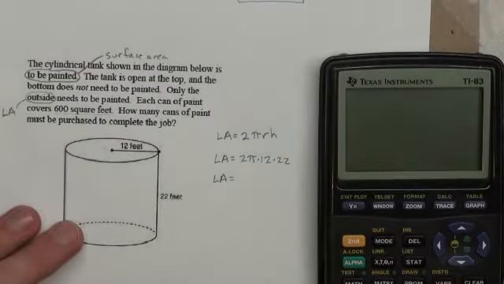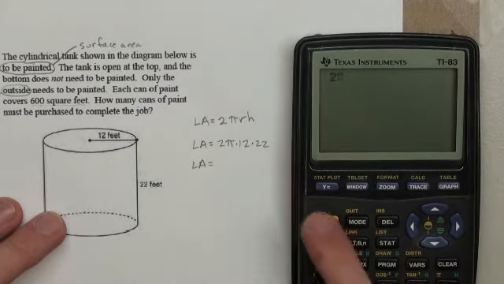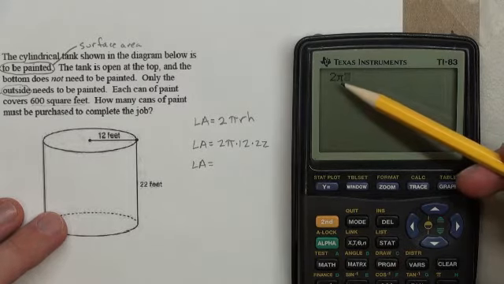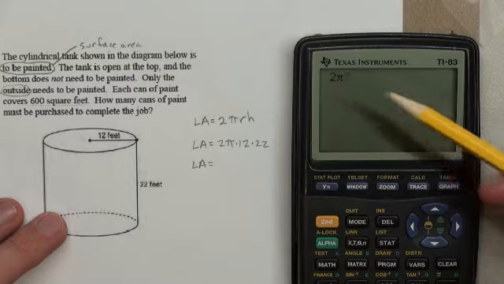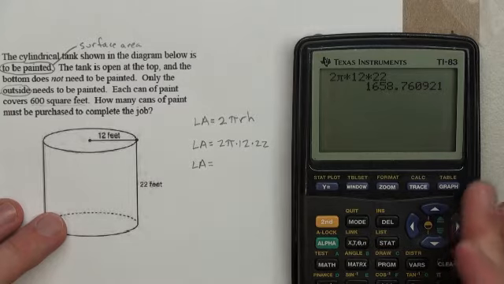Now we're going to plug pi in, okay? Because we need to know about what we need here. So 2 pi, you can put 2 pi next to each other like that without the multiplication symbol. It means multiplication, okay? So 2 pi times 12 times 22. Let's round it to the nearest hundredth, just to be safe.